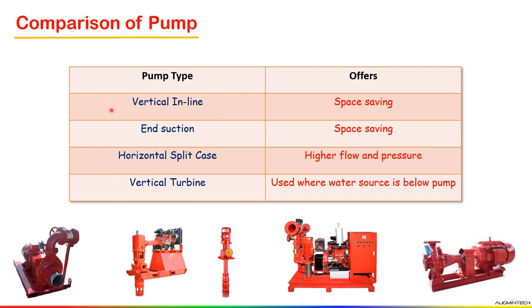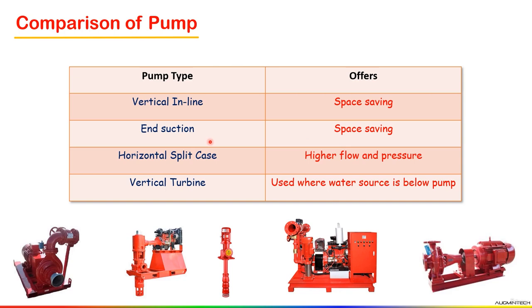Now this vertical inline pump is space saving, meaning it requires less space. The end suction pump comes under the horizontal centrifugal pump category. It also requires less space, meaning it is also space saving.